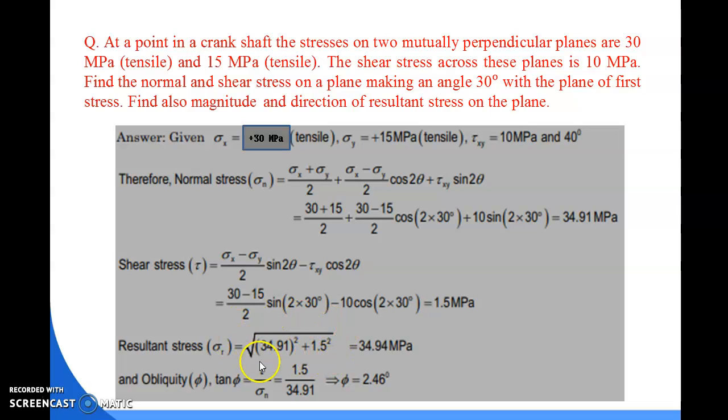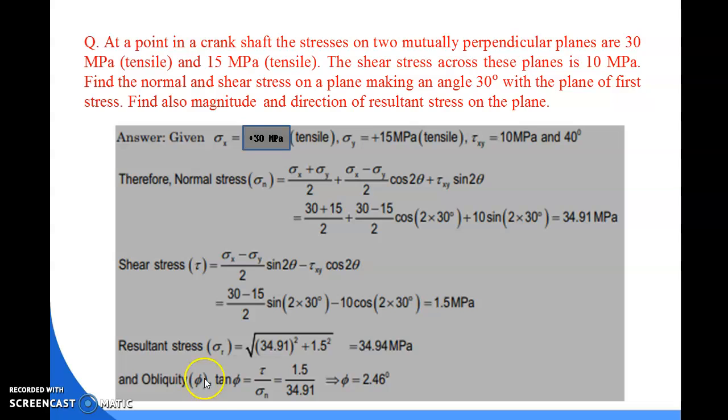By calculating, we get the resultant stress as 34.94 megapascal. Okay. Now comes the angle of obliquity, which is the angle between the oblique plane and the resultant stress.